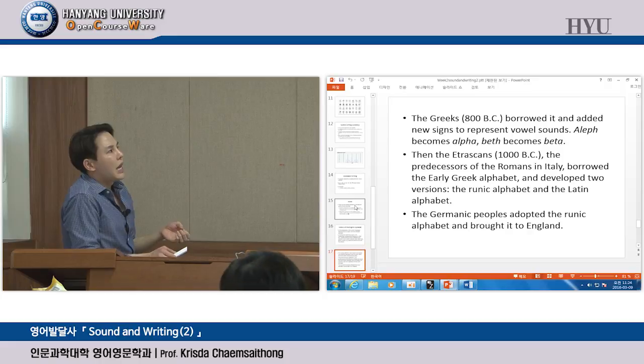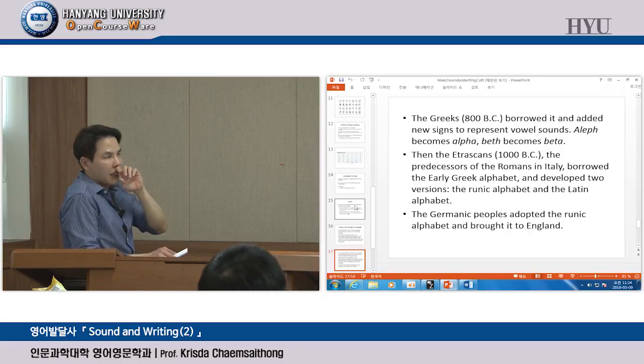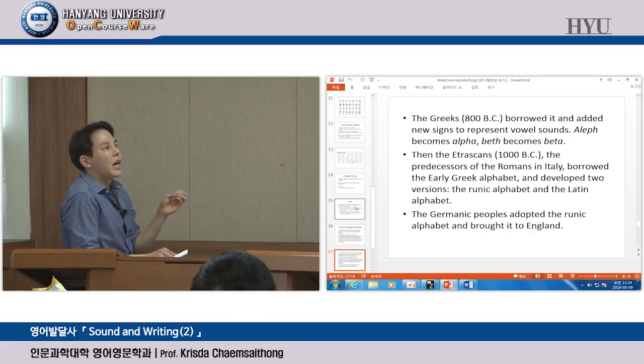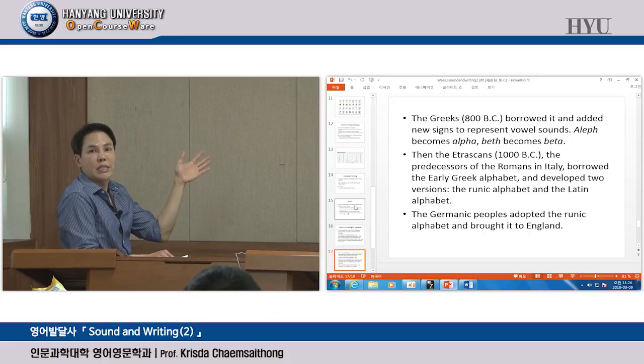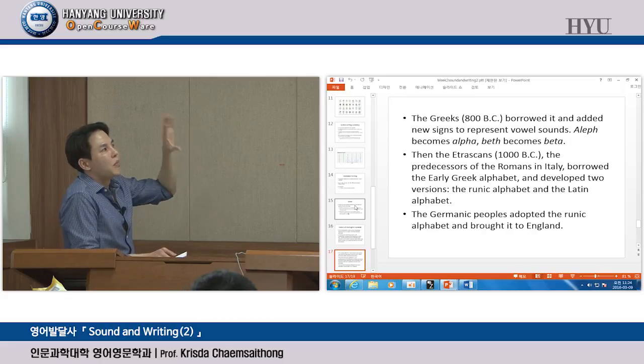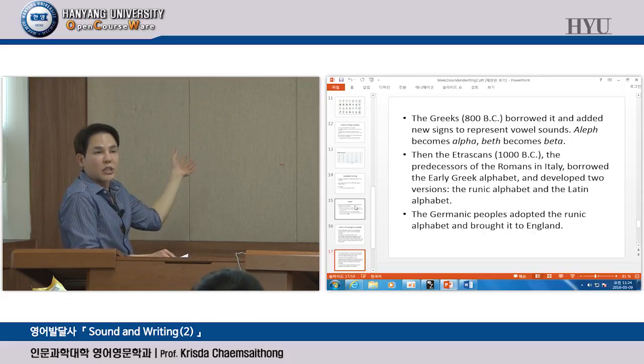The Greeks then, around 800 BC, before the Christian era, borrowed it and added new signs to represent vowel sounds. There were no vowels to start with. Aleph they pronounced as alpha, and Bet becomes beta in the Greek system. So the Greeks borrowed the alphabet from the Phoenicians.